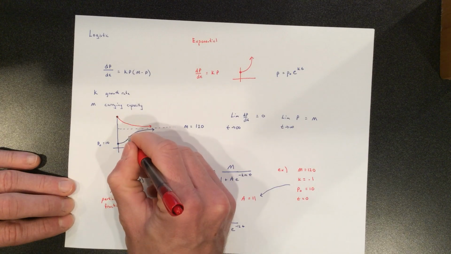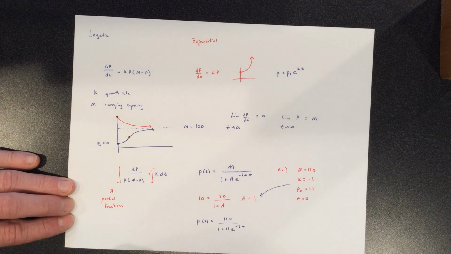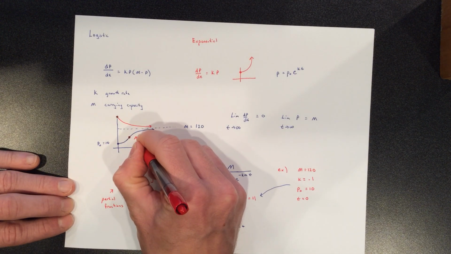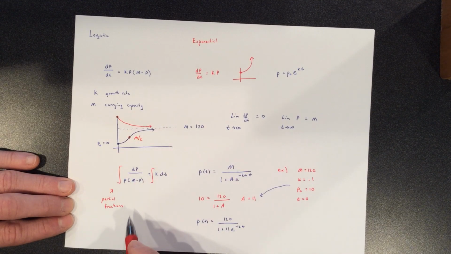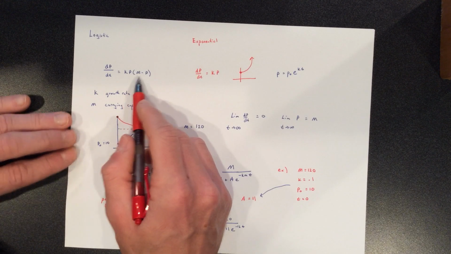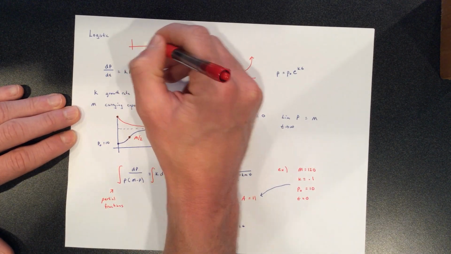So I do want you to know, when is dP/dt the max? And it will turn out when P is half the carrying capacity. Half the carrying capacity, and you can think about what this looks like. This is going to be an interesting graph.